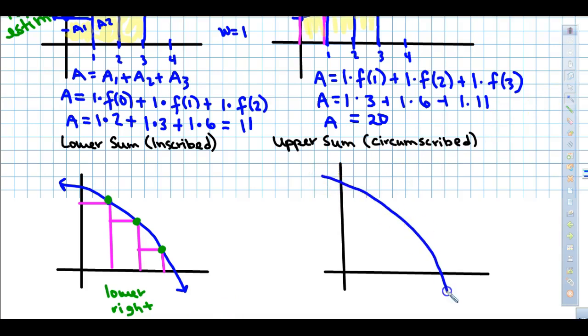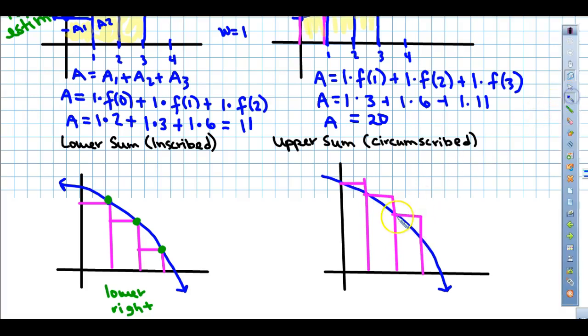And like here, an upper sum, that means that when you draw your rectangles, part of your rectangle will have to be above, okay? So there you go, right there. Do you see how I'm doing that? It's not very pretty, but I'm doing it. Here, let me try it this way. There we go. All right.